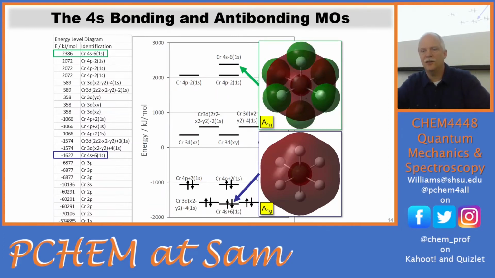The hydrogens are kind of squishing that s orbital into a cube. And so here's that cube again. So those are all the orbitals in this octahedral crystal field.